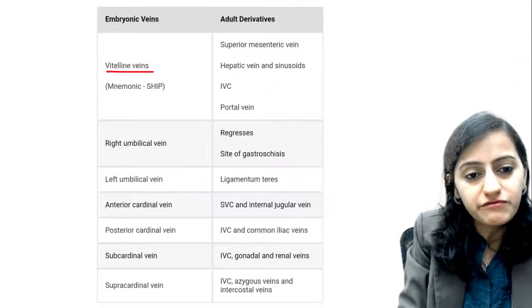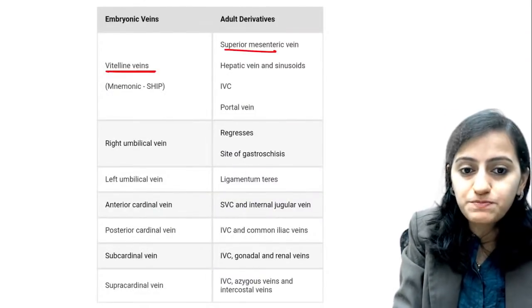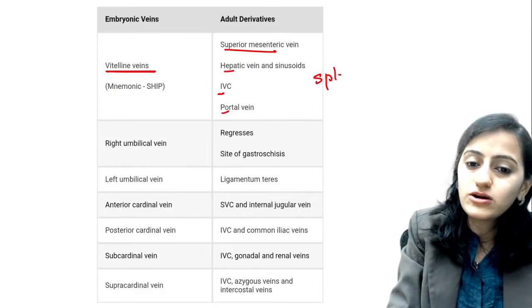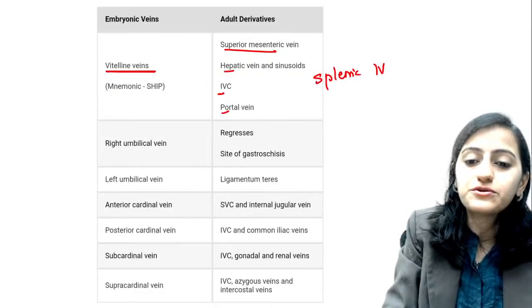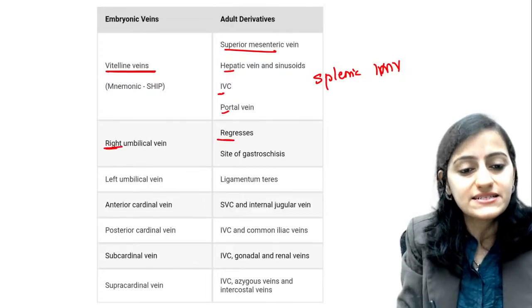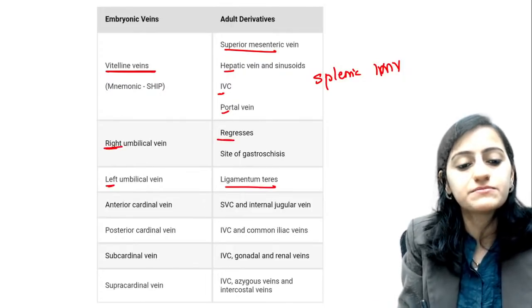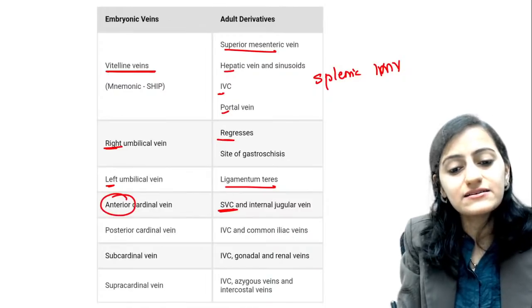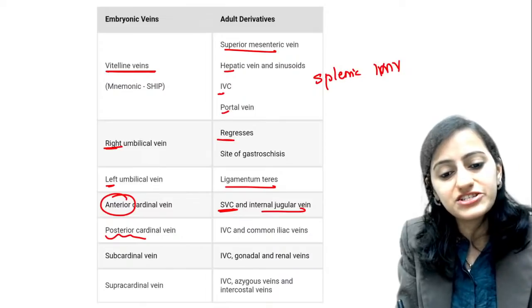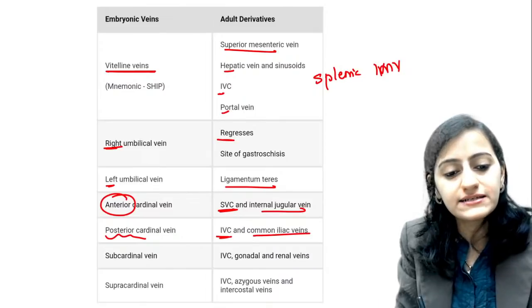Again, a quick review. Vitelline veins, basically superior mesenteric, hepatic, IVC, and the portal vein. You can also add the splenic vein. You have the inferior mesenteric vein. Right umbilical vein regressus. Left is left, ligamentum teres. Anterior cardinal, SVC and the IJV. Posterior cardinal, lower IVC and the common iliac.